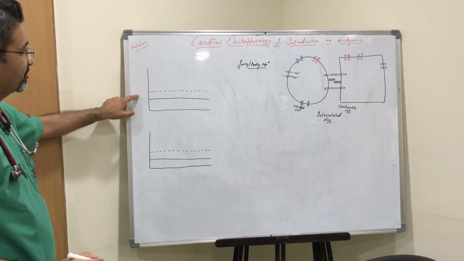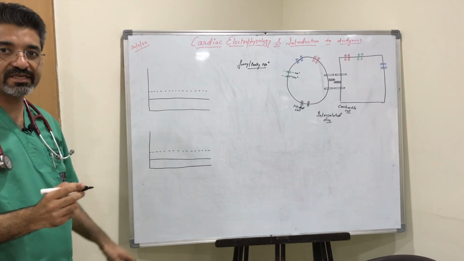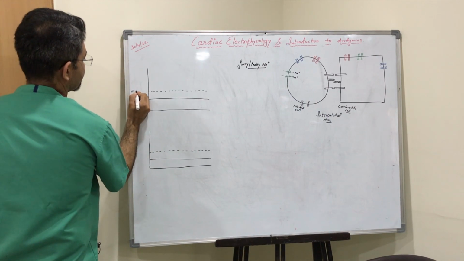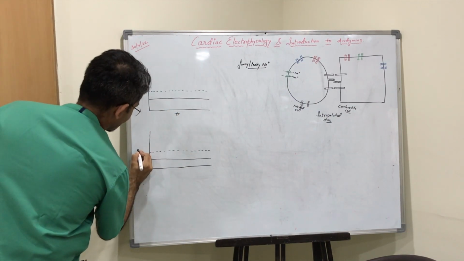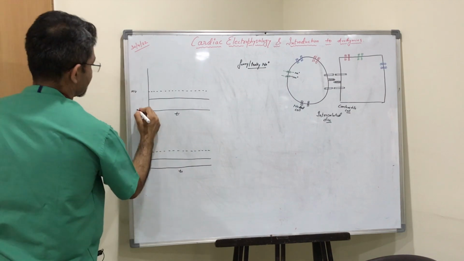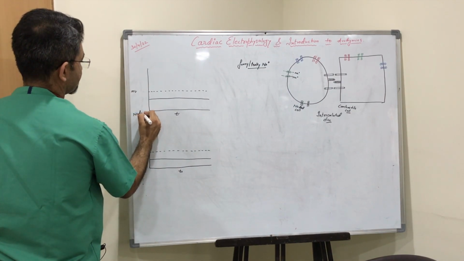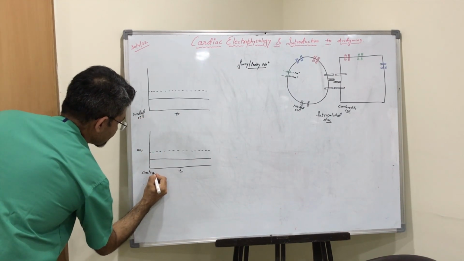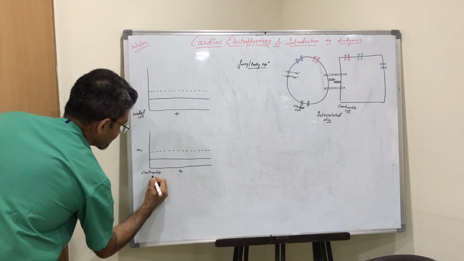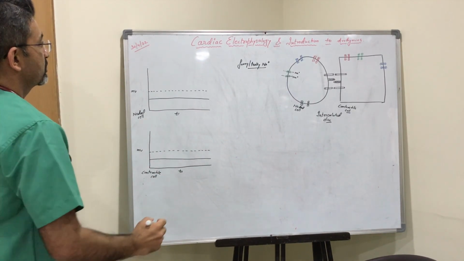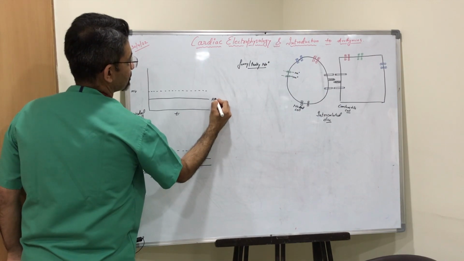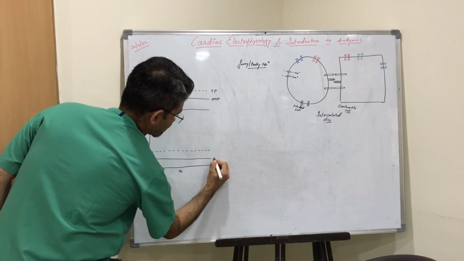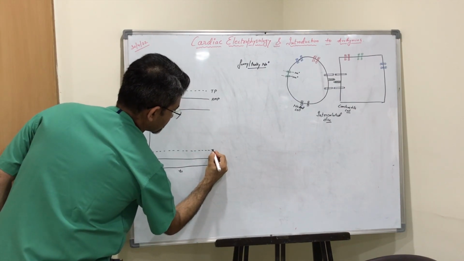So here we have a graph where we'll be plotting the action potential curve. This will be millivolt, and this will be time. Here I'll be plotting the graph of a nodal cell, and here I'll be plotting the graph of a contractile cell. This is the resting membrane potential, and this is the threshold potential.